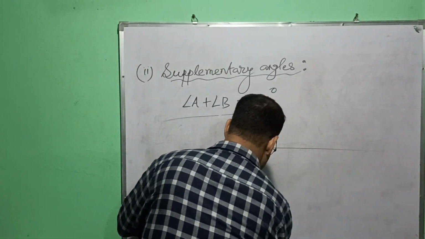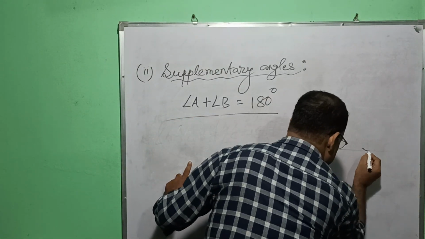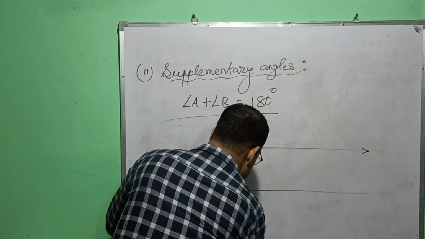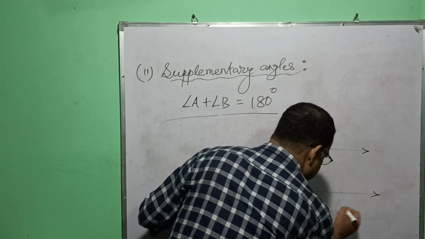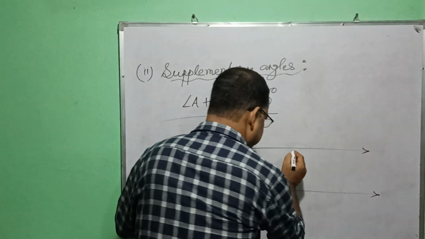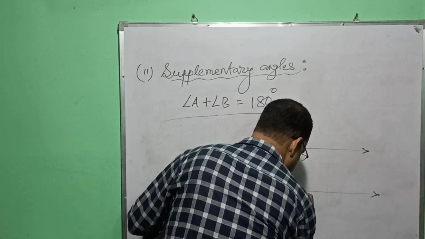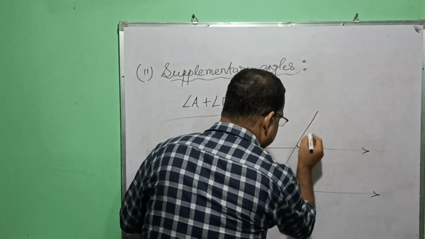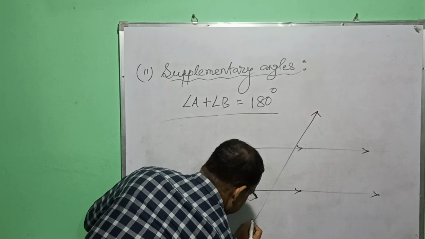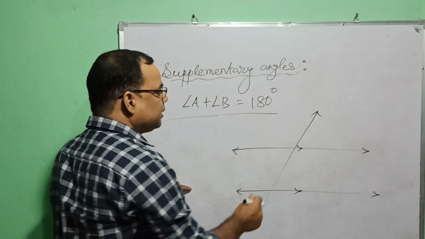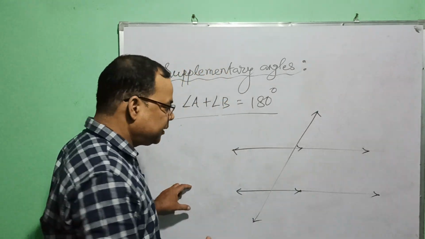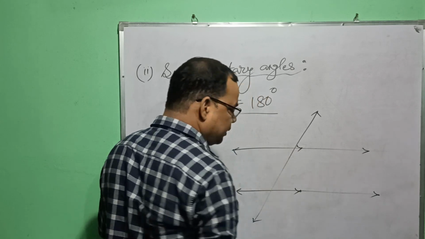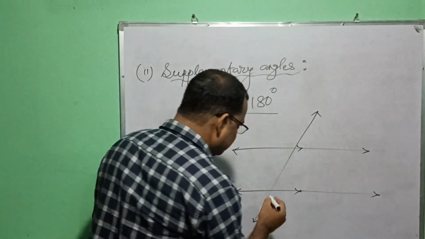Now let us take an example. Suppose we draw two straight lines, parallel to each other, and draw a transversal line. Then, as I showed in my earlier video, eight angles are formed.